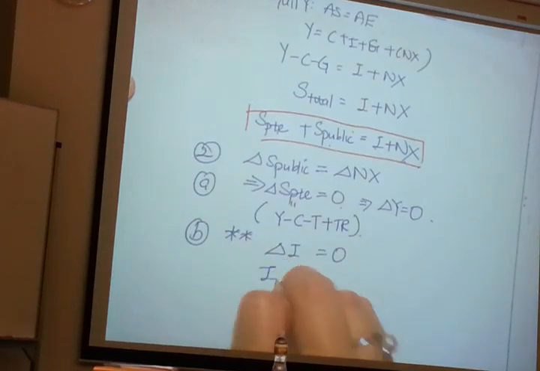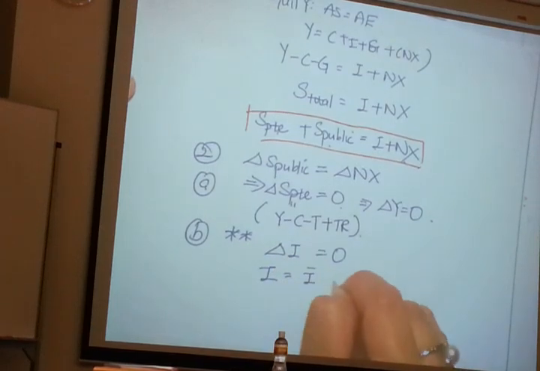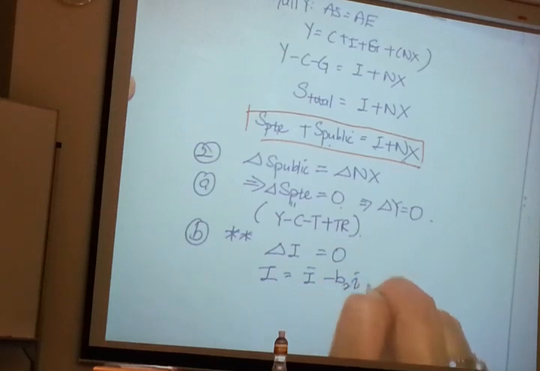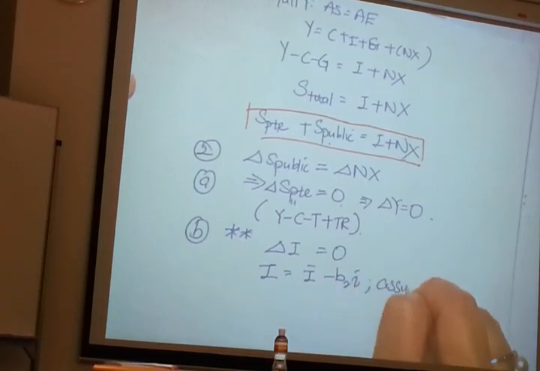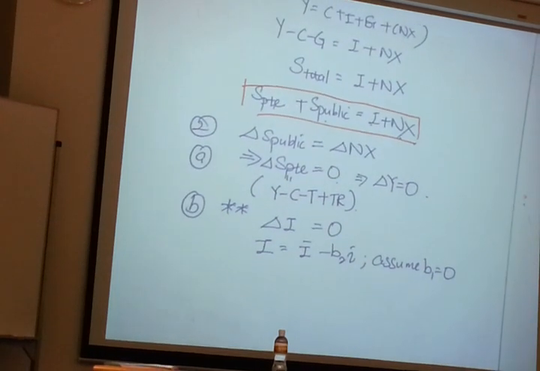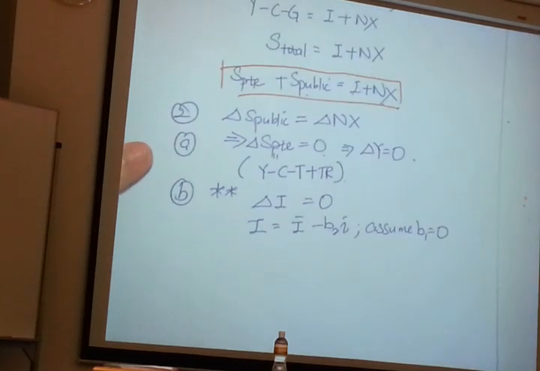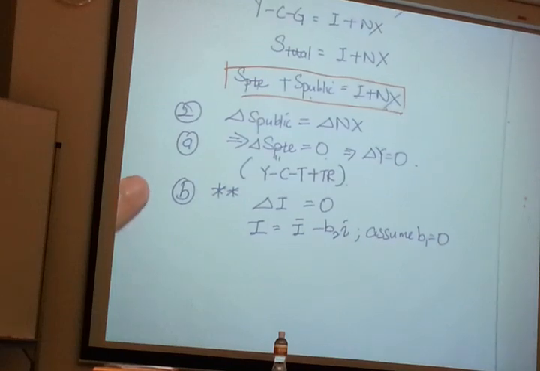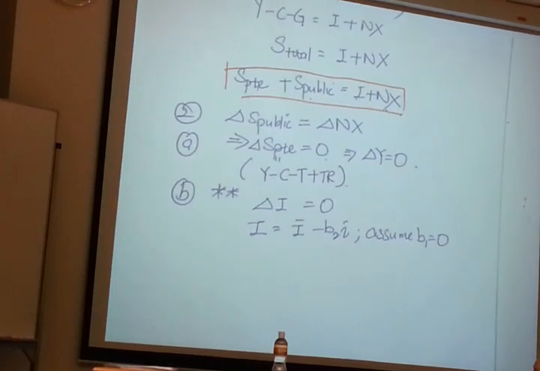You write down the investment function, I bar minus B2 i. So you already assume B1 to be 0. Whenever we do a true-false question, use a simple investment function. In this case, you only want to look at the vertical axis, interest rate, affecting investment.